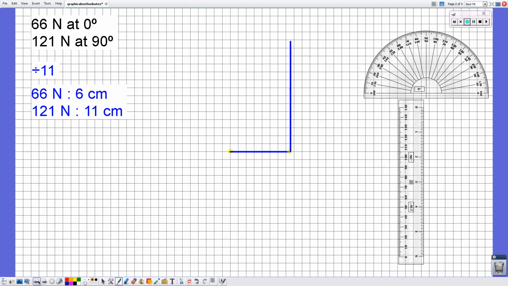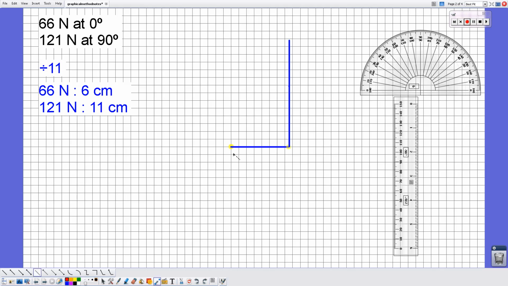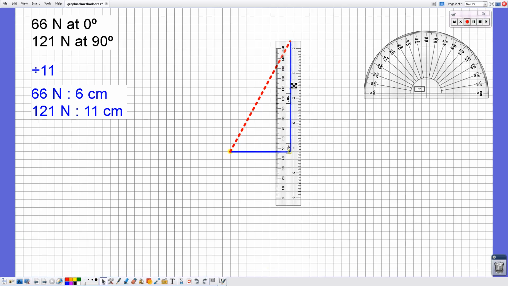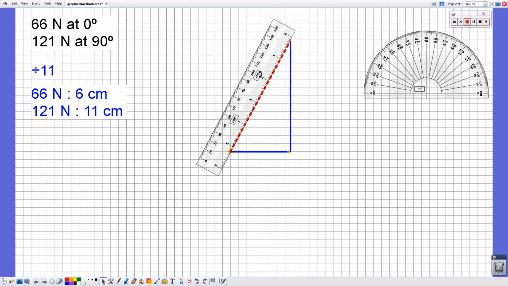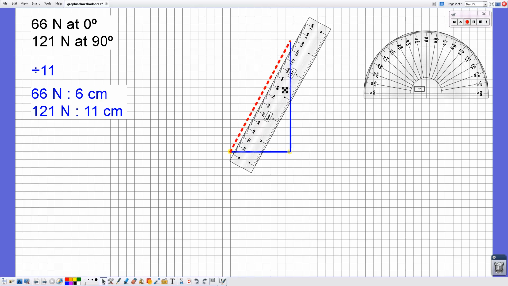What was my next step? Now I gotta measure the beginning to the end. That line is going to be from there to there. So now I just need to measure it. I'm going to put the 0 at the beginning, so that's at the end.